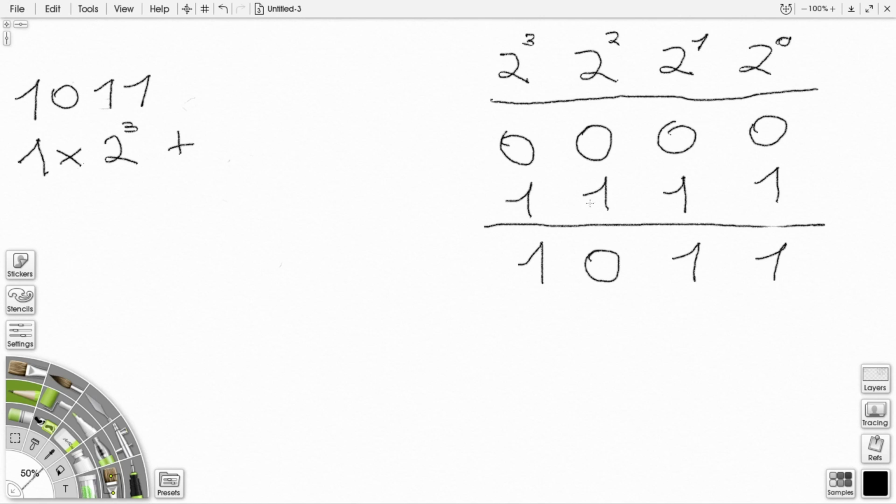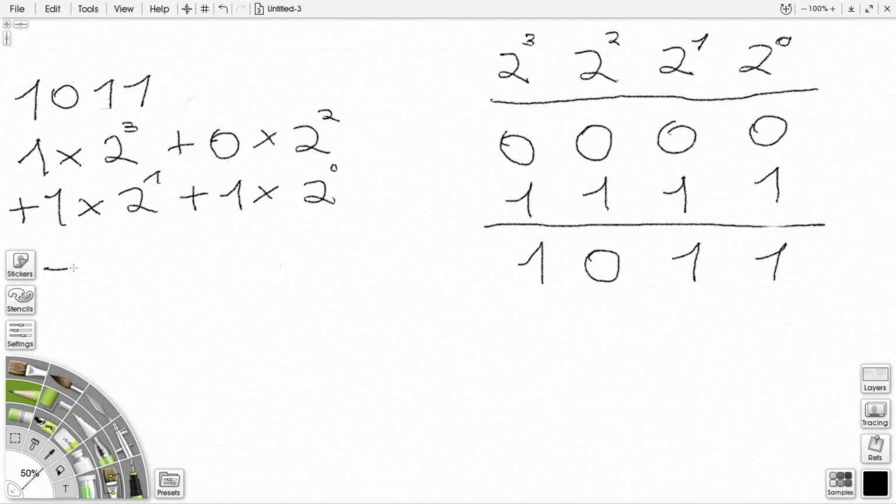Well, we have 0 2's squared, plus, what is the amount of 2's to the power of 1 that we have? We have 1 2 to the power of 1. And finally, what is the amount of 2's to the power of 0 that we have? We have 1 2 to the power of 0.